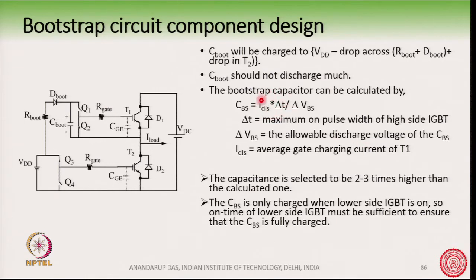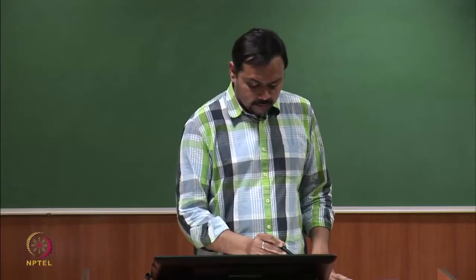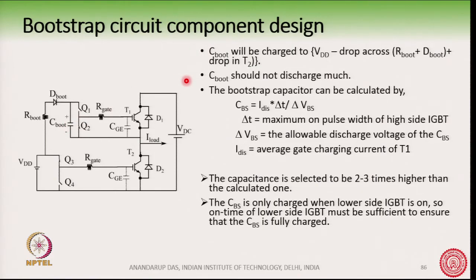That means this factor here is the total gate charge required by the IGBT T1. So, this total gate charge of T1 is divided by delta VBS, the amount of voltage we will allow this to fall. That is how you will calculate the bootstrap, and the capacitance you can select 2 to 3 times higher than this value, so as to keep it within a safe limit.